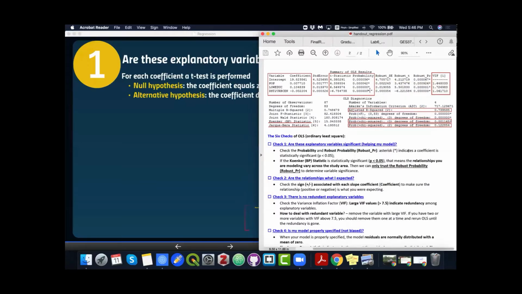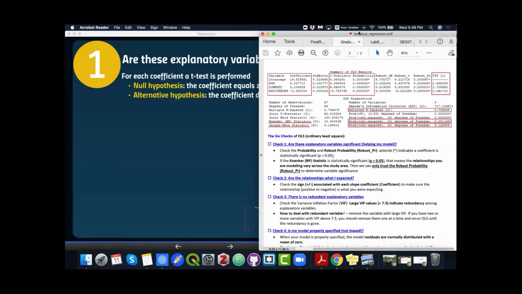In this case, we're still looking at the 95% confidence level. By looking at the probability column for each of the variables, and they also report it for the intercept, with a corresponding probability and coefficient. We can see the probabilities are pretty small, so we can reject the null hypothesis, which means all the variables are significant.